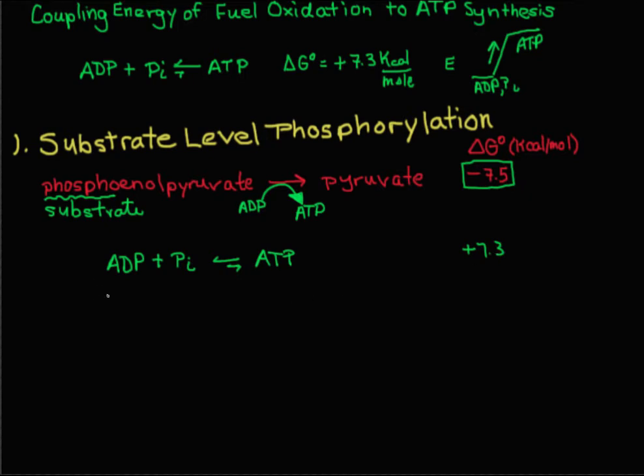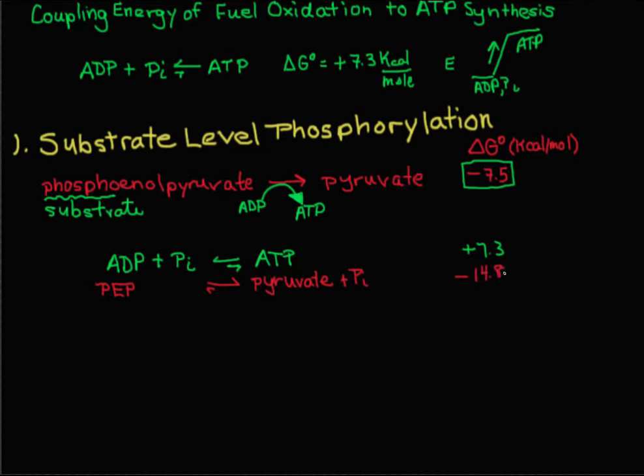And then we also have the free energy from hydrolysis of the phosphate group in phosphoenolpyruvate, which I'm abbreviating PEP, which is very favorable. So the arrow goes mostly to the right, hydrolyzed to form pyruvate plus inorganic phosphate.